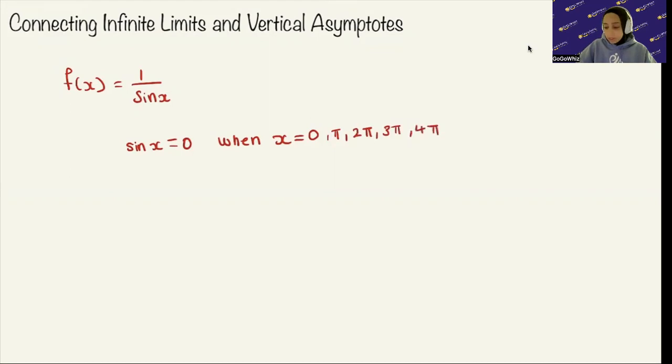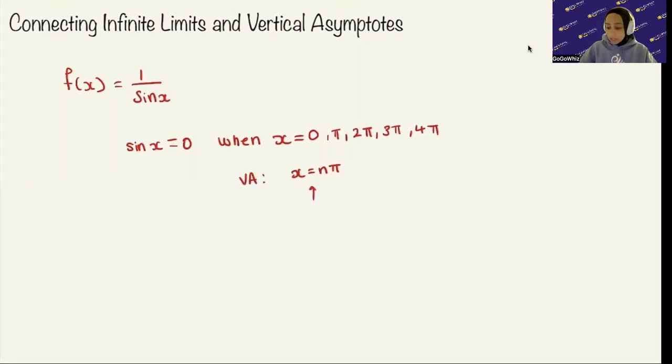So we can say x is equal to n pi. So every vertical asymptote is going to be happening at x is equal to n pi.